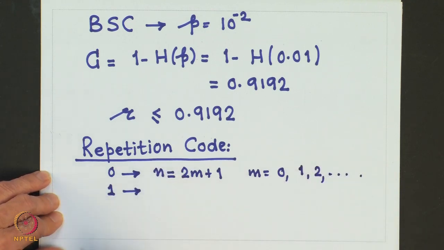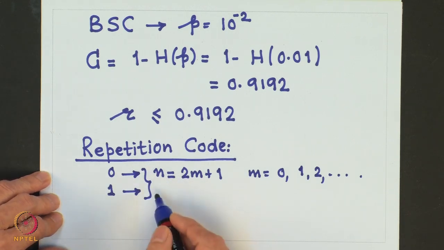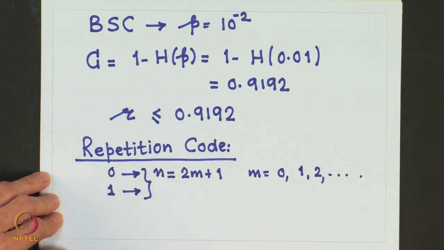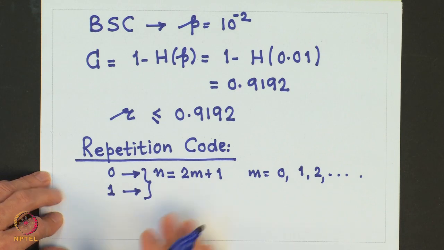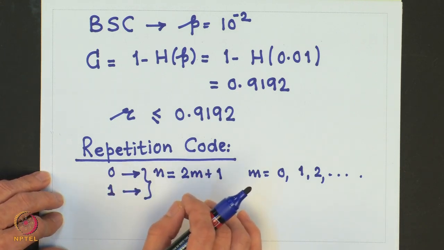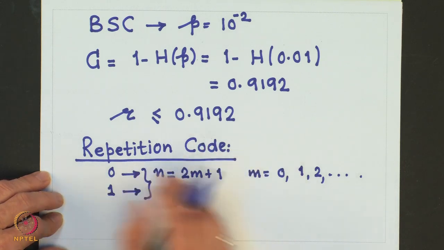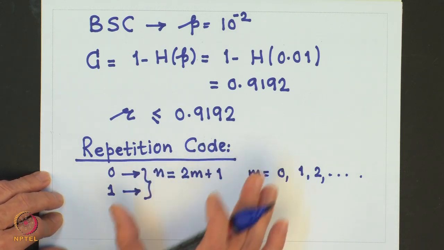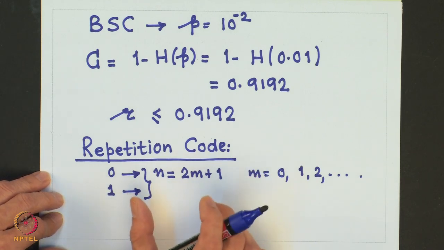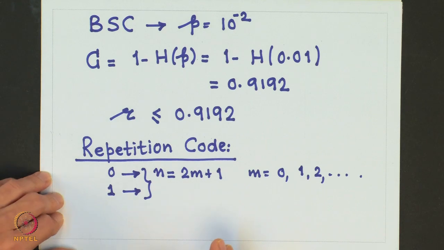So, basically n is an odd integer. At the receiver we deploy what is known as the majority logic decoding procedure. The idea is that given n bits, we decide in favor of 0 if the majority of bits in this sequence of length n is 0, otherwise we decide in favor of 1.